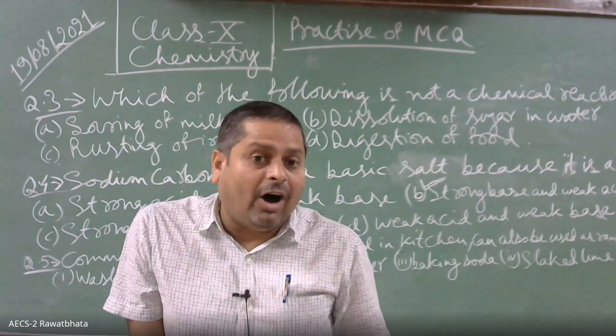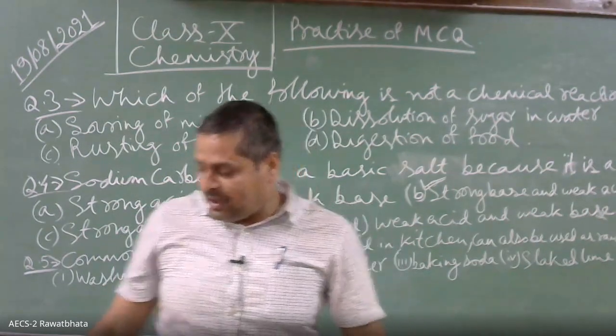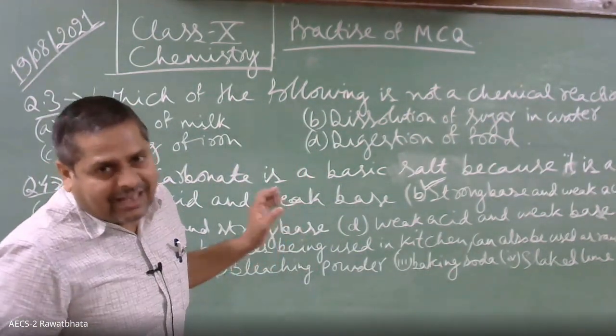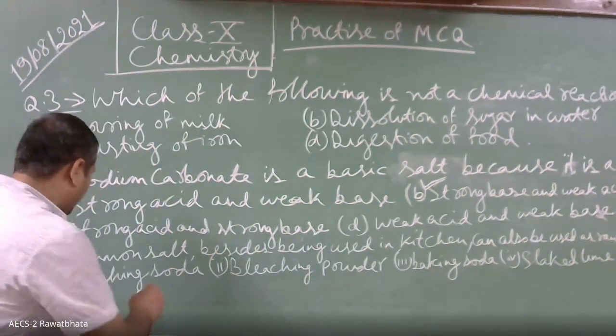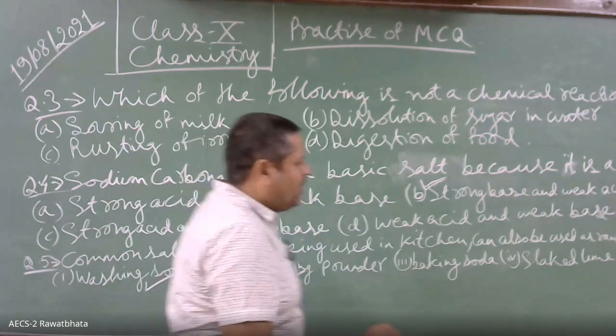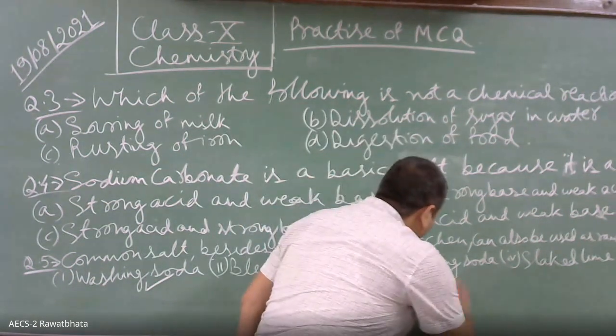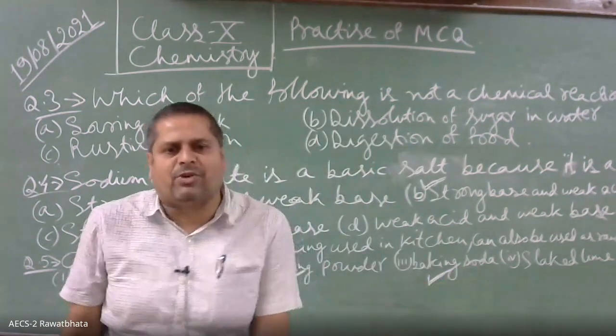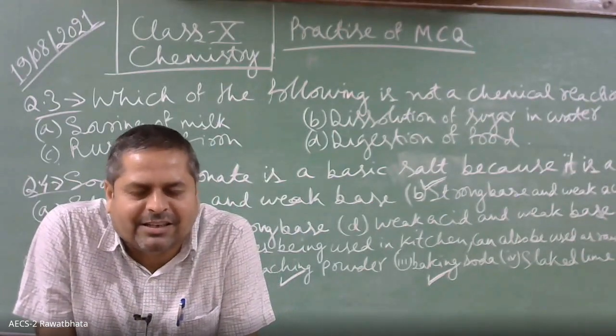How are we obtaining them? We are obtaining them by taking common salt as a raw material. So your answer is washing soda, bleaching powder, and baking soda also. And slaked lime is not obtained. Okay, do you agree with this?